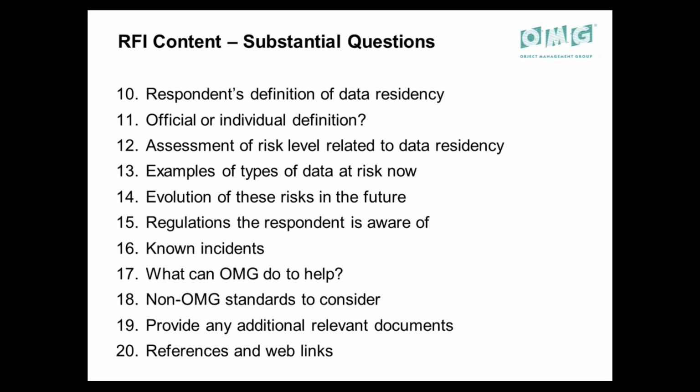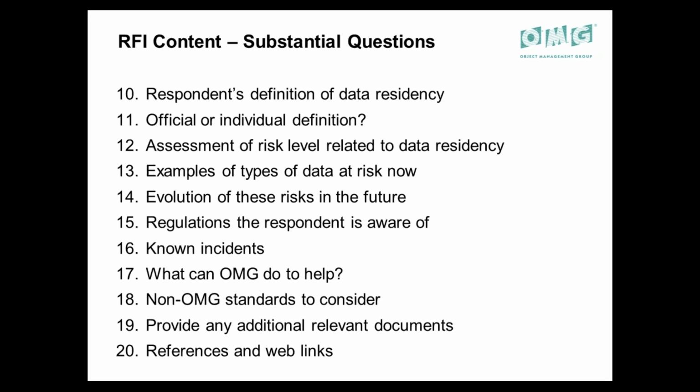And then questions about what is the risk level that you consider to be present in your organization due to these issues. Can you give us examples of what kinds of data are considered to be at risk in that respect in your industry or your organization? Whether you see this going forward as being increasingly worse or better?